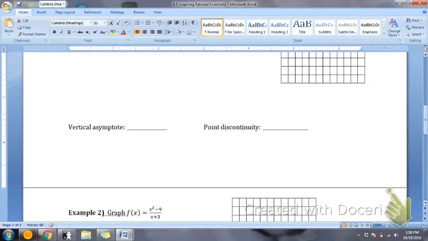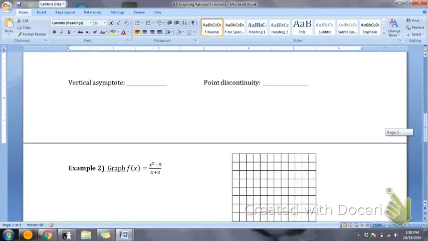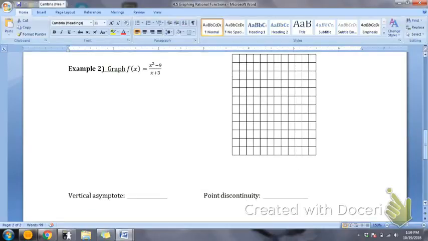Okay, let's look at example 2. Step number 1 is to factor. So we're going to factor the numerator and the denominator.